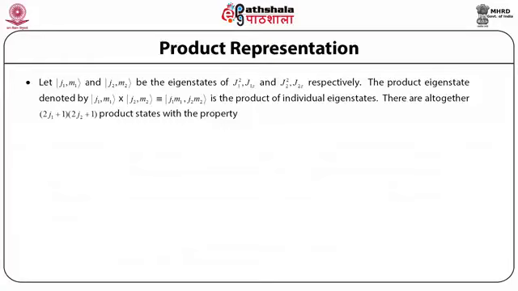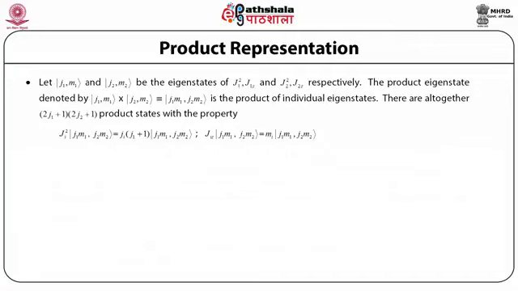And how many states are there? There are 2j1 plus 1 eigenstates |j1 m1⟩. There are 2j2 plus 1 eigenstates |j2 m2⟩. Therefore, the total number of product eigenstates is (2j1 plus 1) multiplied by (2j2 plus 1). So these product states which we have represented as |j1 m1, j2 m2⟩ satisfy the property that, for example, J1 square acting on this product state, actually only on the part |j1 m1⟩, and J1 square acting on |j1 m1⟩ is j1 into (j1 plus 1).